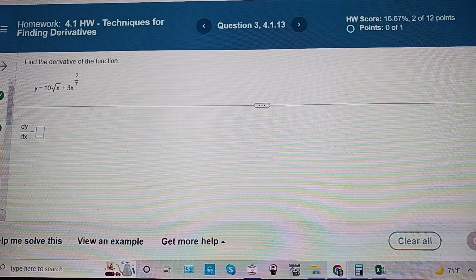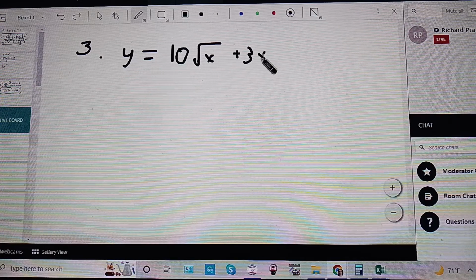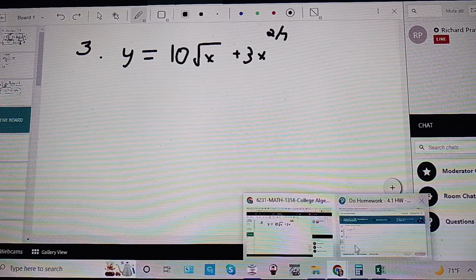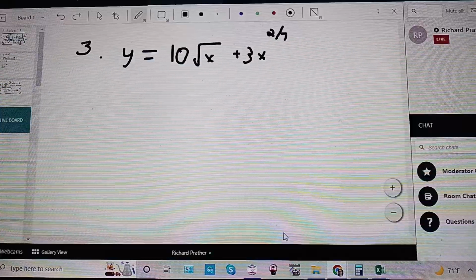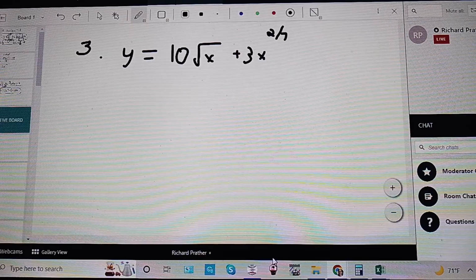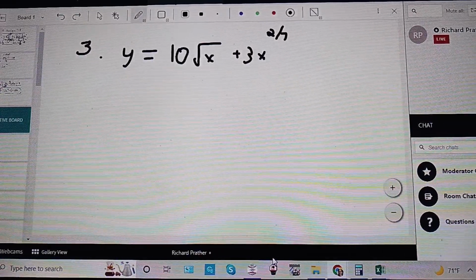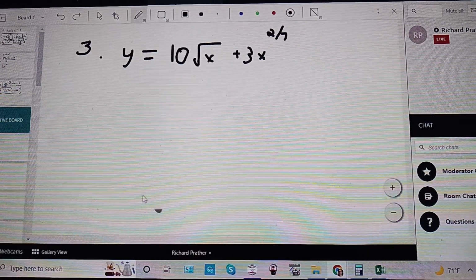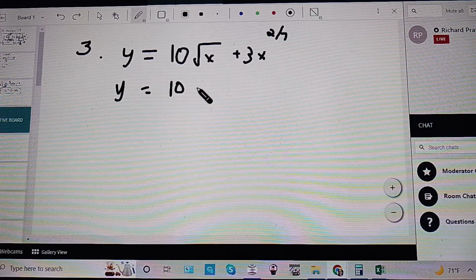So I have 10 square root of x plus 3x to the 2/7 power. So fractional exponents are really not an issue. If you get x's in denominators, you're going to want to employ negative exponents to bring them up to the top. And then radicals can be turned into fractional exponents.